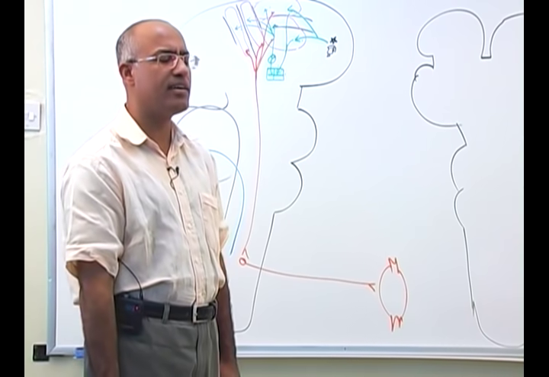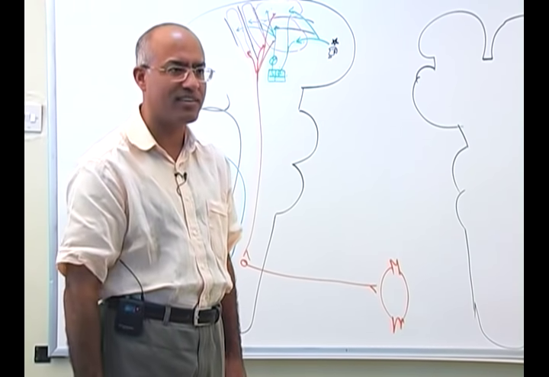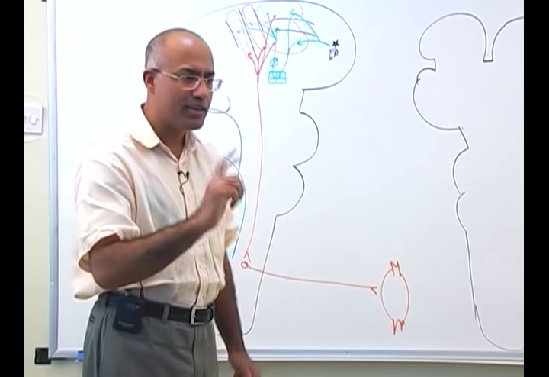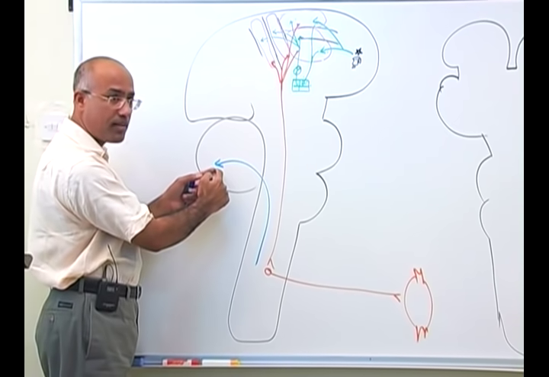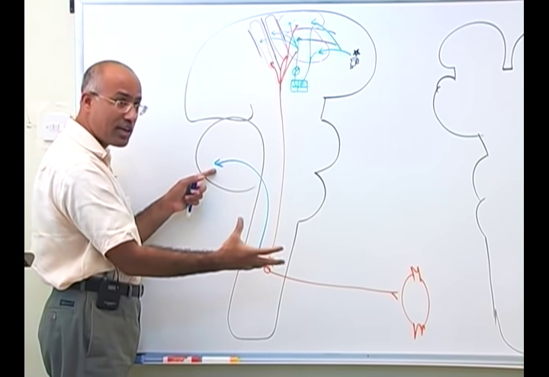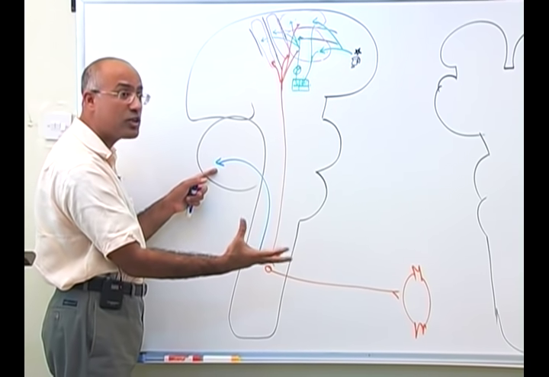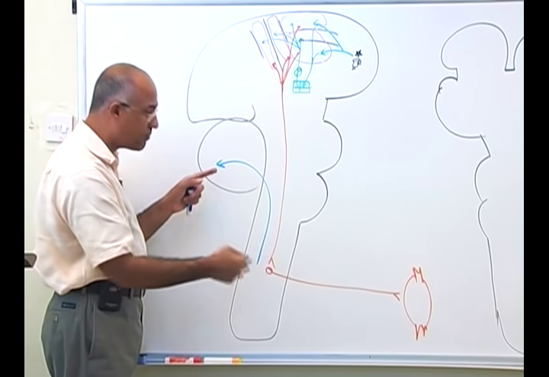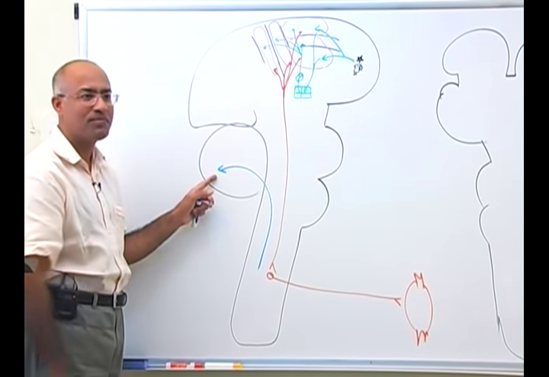Then it should guide the motor movement so that I reach the final position. Because the cerebellum is all the time updated about the sense of position, the degree of contraction in the muscles, the degree of bend and angulation in the joints, and the rate of movement of the muscles, it has to guide this system.